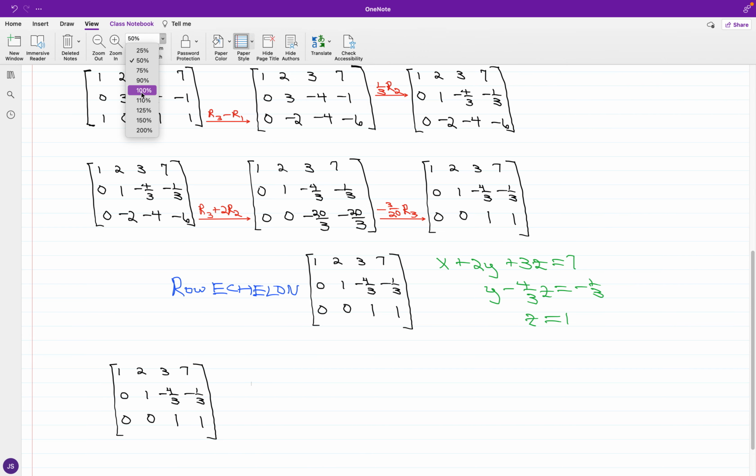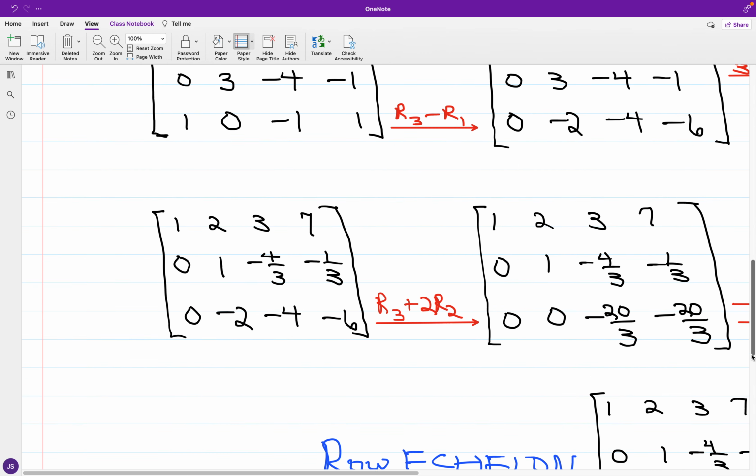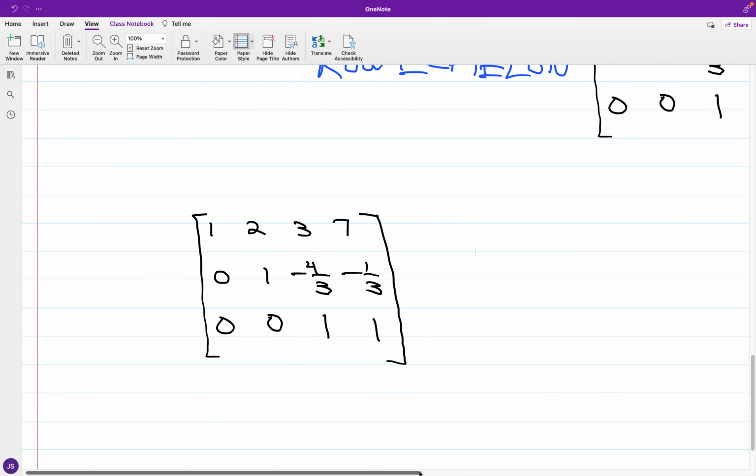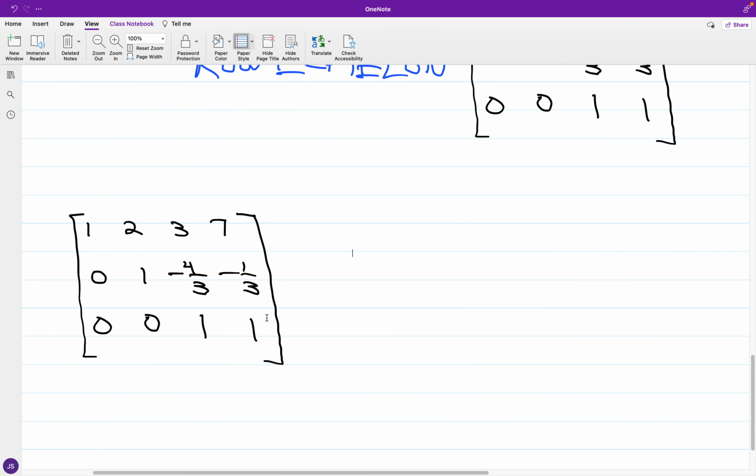just zooming in. With the reduced row echelon form, I want 1, 0, 0, then moving the 1 diagonally, I want the second column value in the top row to be 0.